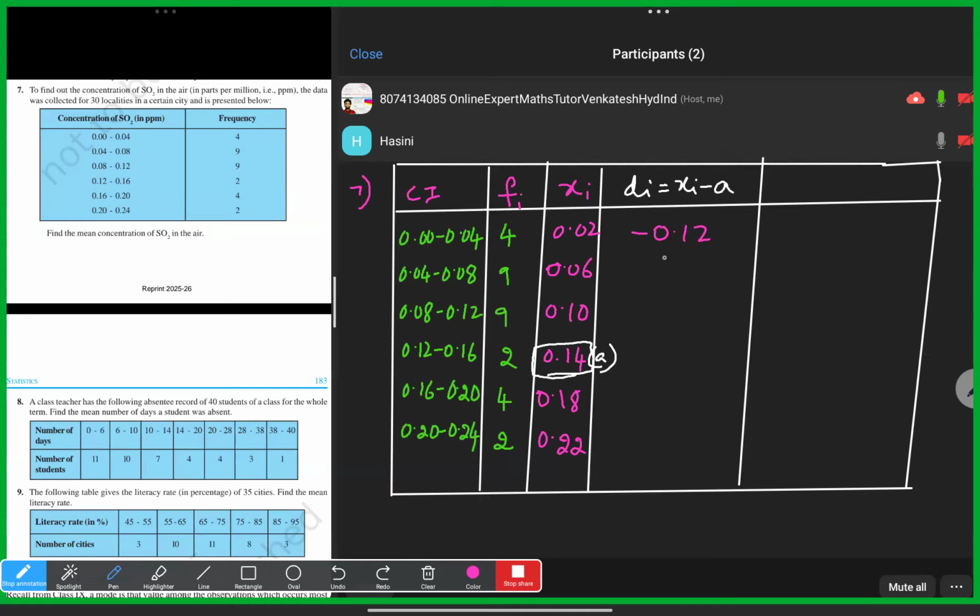Then this is minus 0.14, you'll get minus 0.08. Then 0.10 minus 0.14 is minus 0.04. Then this will get 0, then you will get this one as 0.14, and then you will get this as 0.08.